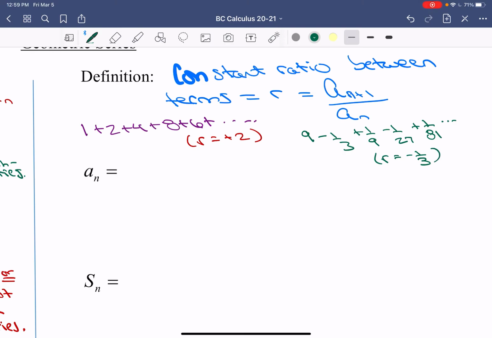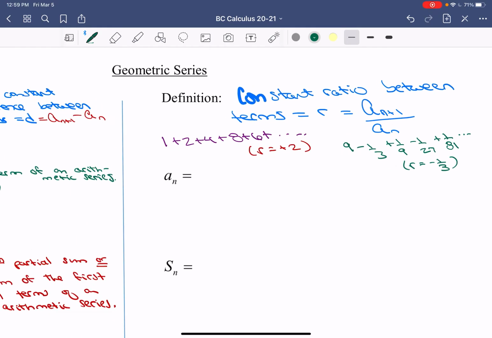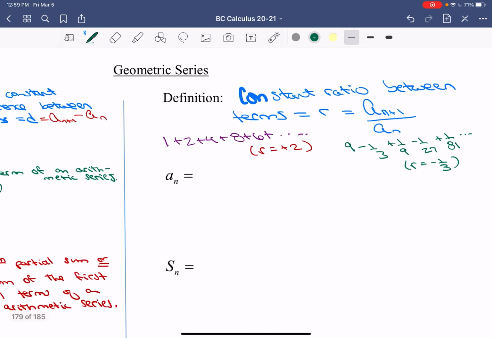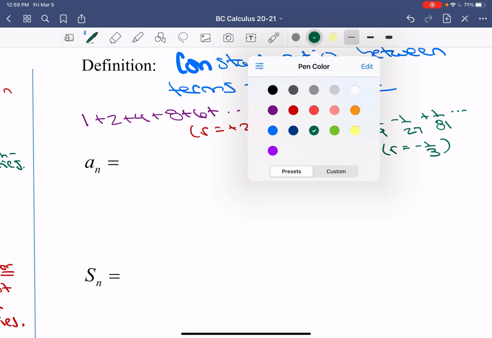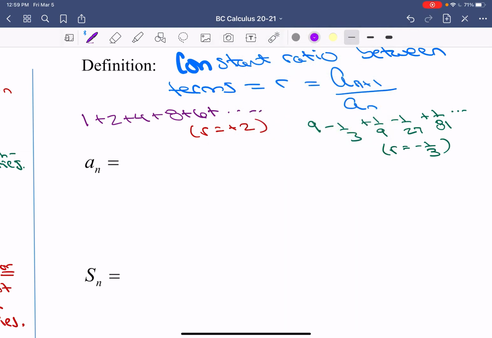All right. Let's go through here. When it comes to geometric and arithmetic series, we have these nice definitions. A definition for the nth term of a geometric series is the following. It's a sub 1 times r to the n minus 1.